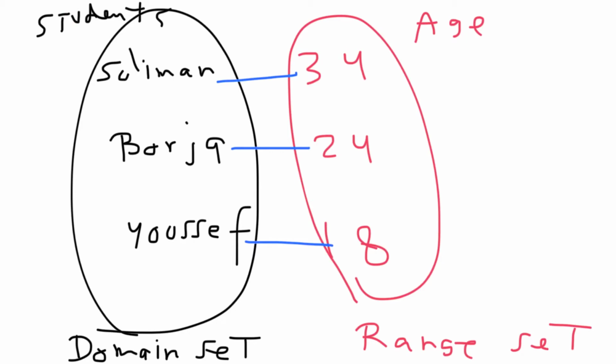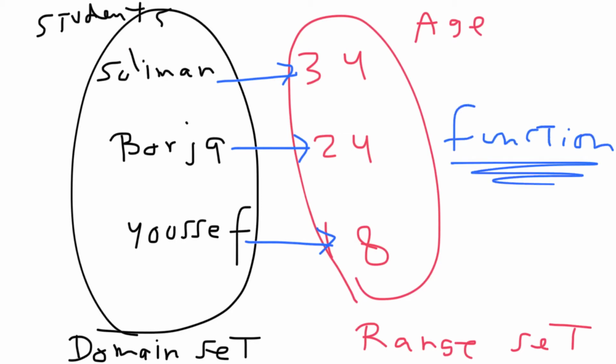Now, in the case of the age, you have only one connection from the students to the age, because every student has only one age. And because of this only one arrow coming out, in this case it is called a function.